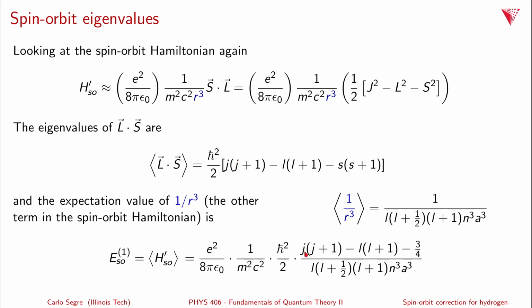Then we have J times J plus 1 minus L times L plus 1 minus 3/4, because S is equal to 1/2, so that just gives me minus 3/4. Divided by, down here, L times L plus 1/2 times L plus 1 times n cubed times a cubed. And so this is the correction for the spin orbit interaction.